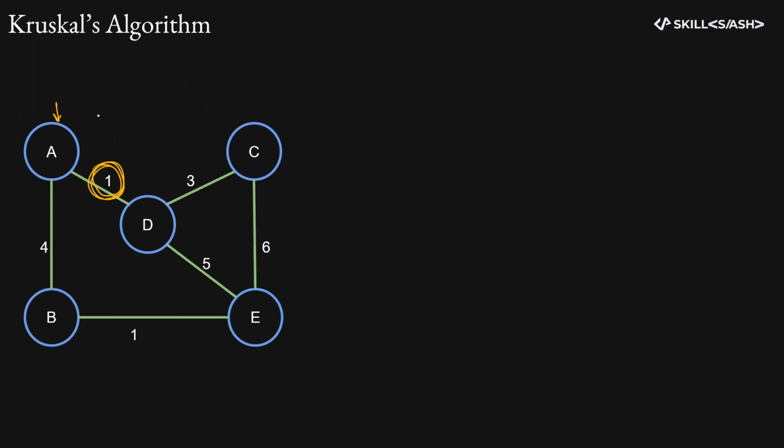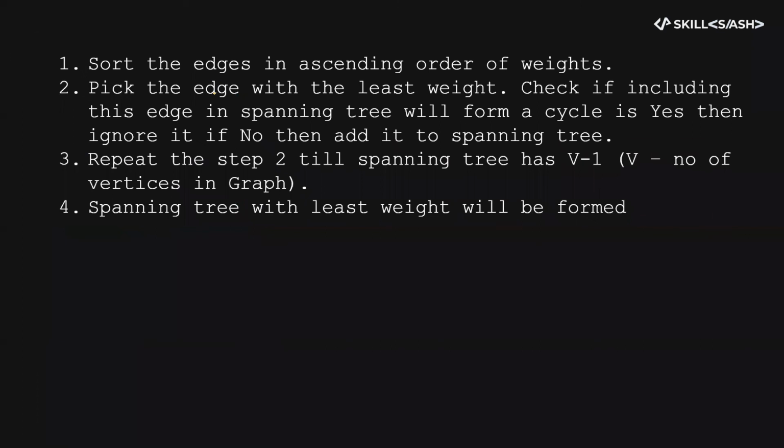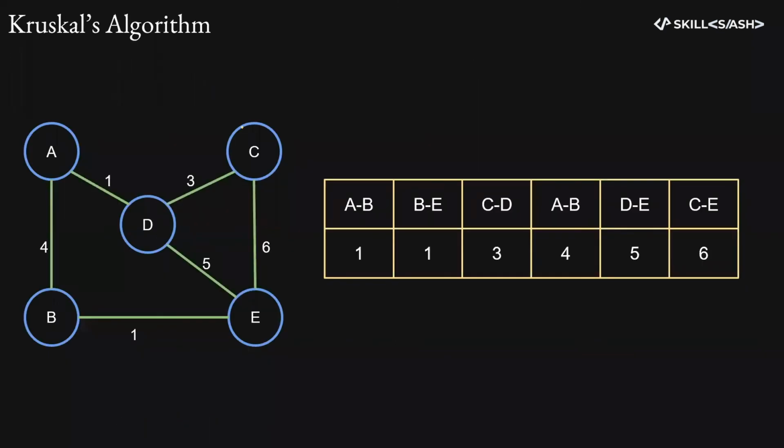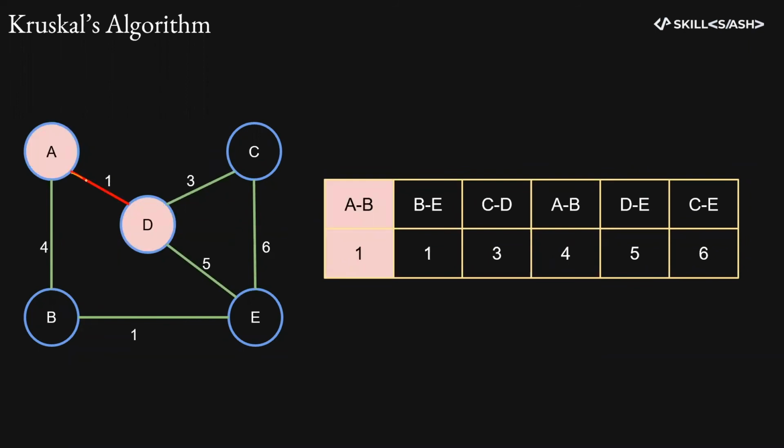Instead of that, in Kruskal's algorithm, you take out all the edges and take first the least one, like A to B is the least one that you take, and you mark it as part of the minimum spanning tree.